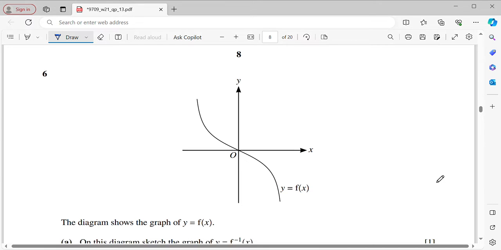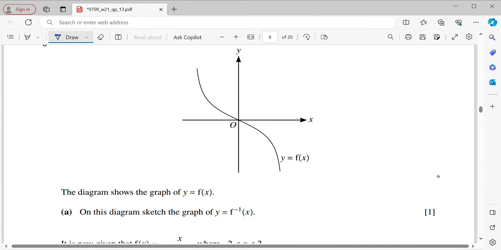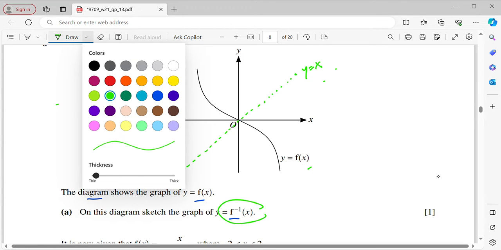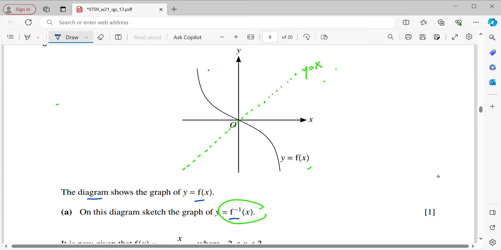Okay, for question number 6, the diagram shows the graph y equals f(x). On this diagram, sketch the graph of y equals f inverse. For the inverse graph, we need to draw the line y equals x. This is the rough work. So f inverse is basically the reflection of the graph in the line y equals x.